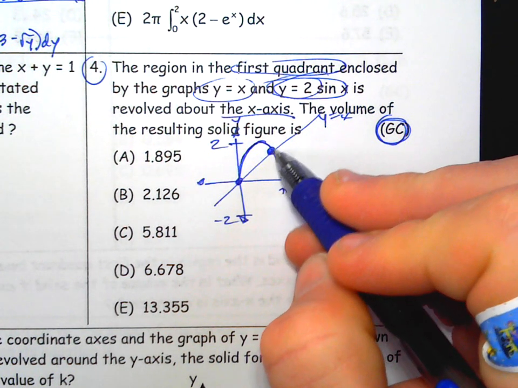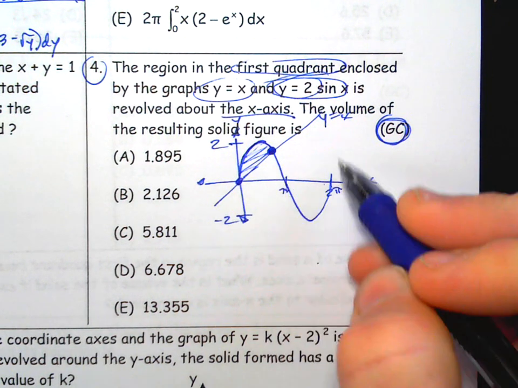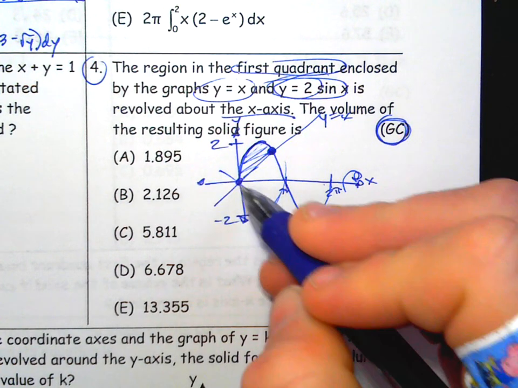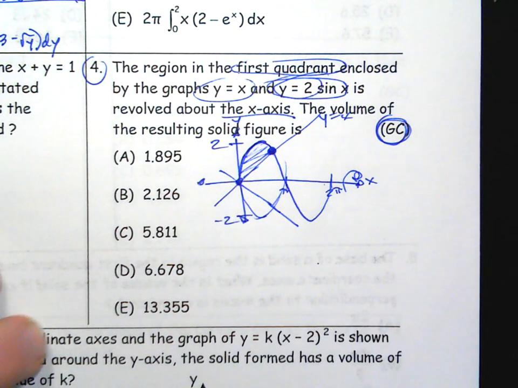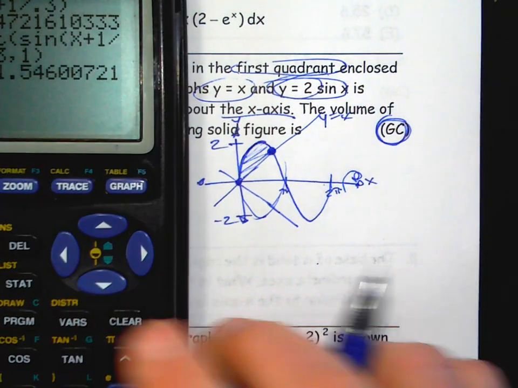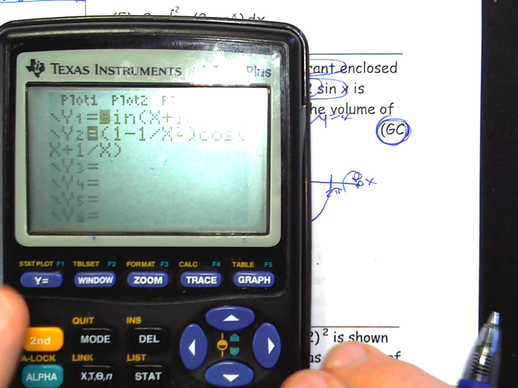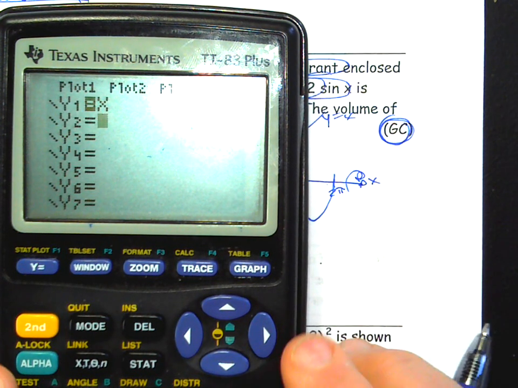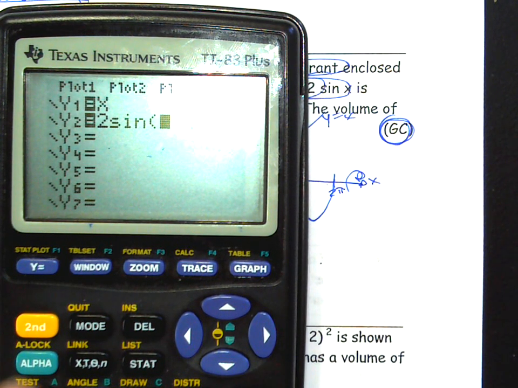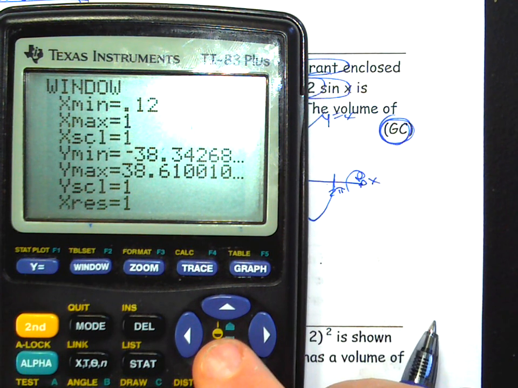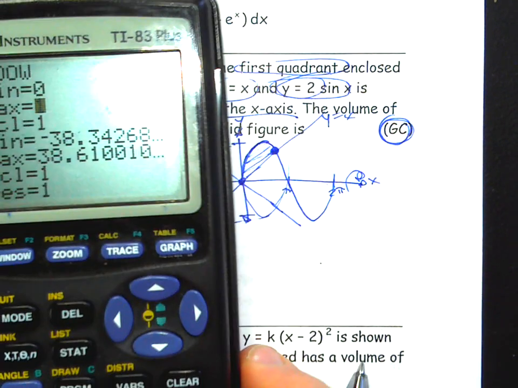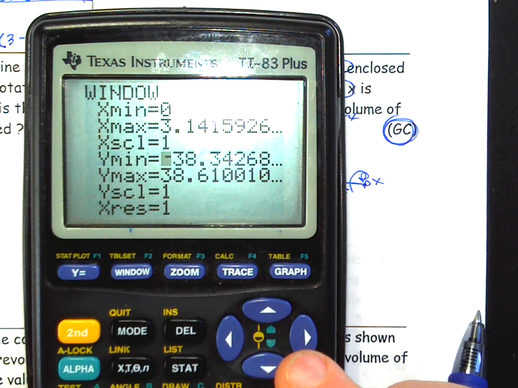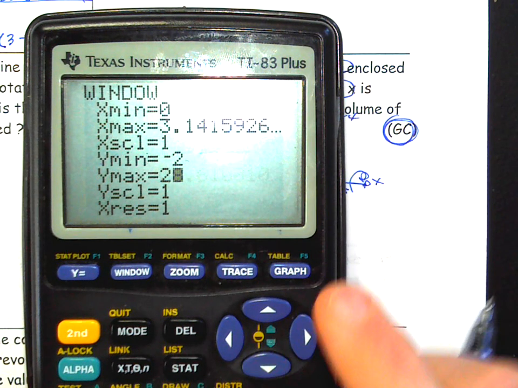Now we do need this intersection point, and then we're going to revolve it around the x-axis. That's our other half. We do need this intersection point, so we could graph these. y equals x, 2 sine x, window 0 to pi, and then negative 2 to 2.